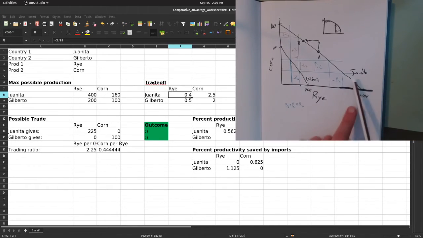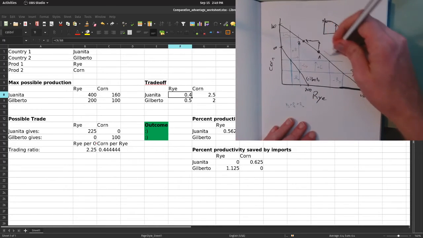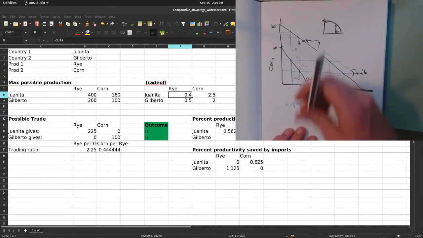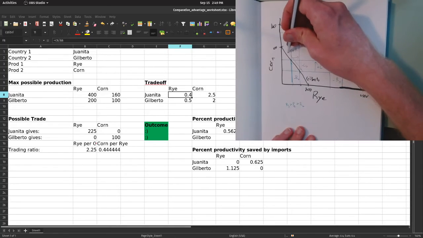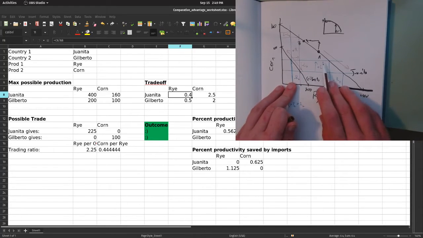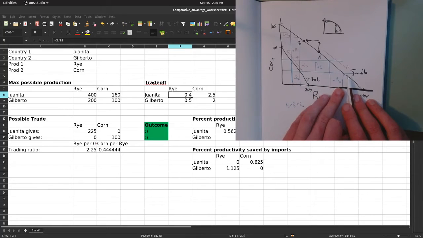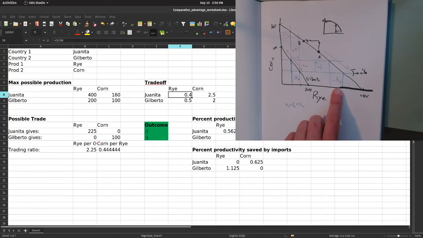We want Juanita to be moving down in this direction towards her comparative advantage, and we want Gilberto moving in this direction towards his comparative advantage, so that when we are asking for more corn, we're getting it from Gilberto, because Juanita gives up a lot. If we were to ask for our corn from Juanita, we would be sacrificing a lot more rye.